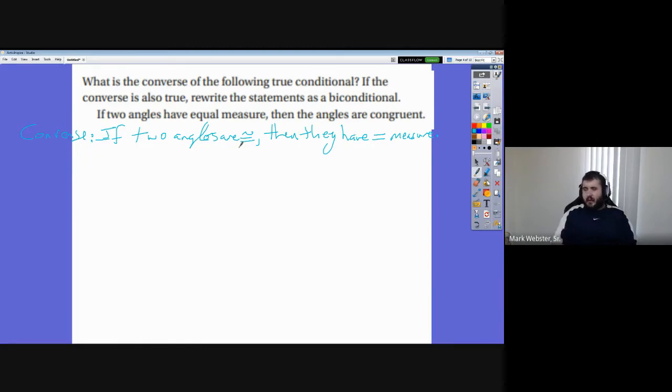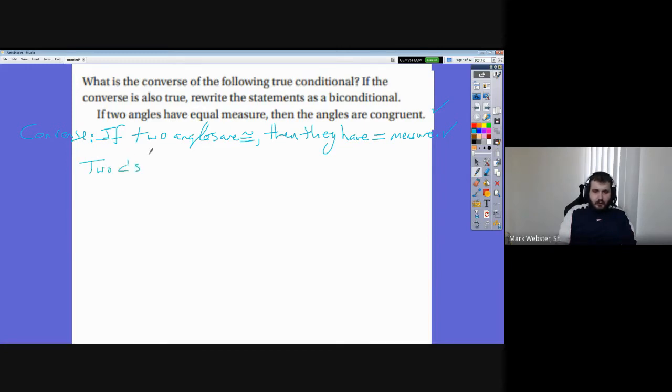Congruent means that the two things are identical. So if you've got this angle over here, this angle over here, and they're congruent, they're identical, that means that they have the exact same measure. So the statement is true, its converse is true, so we can write it as a biconditional.